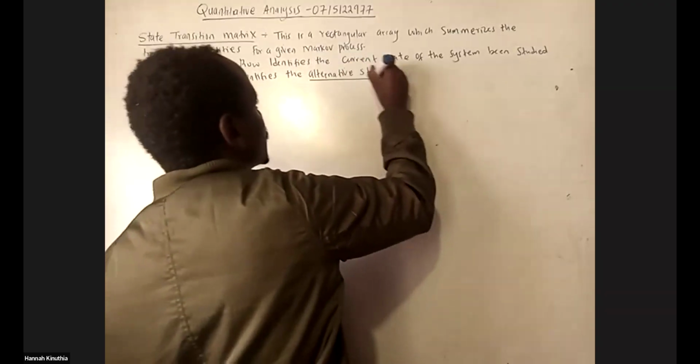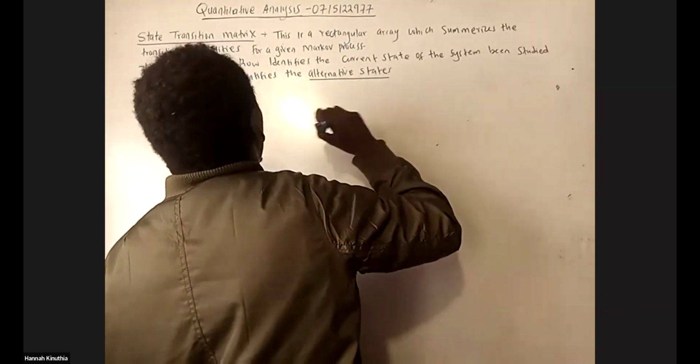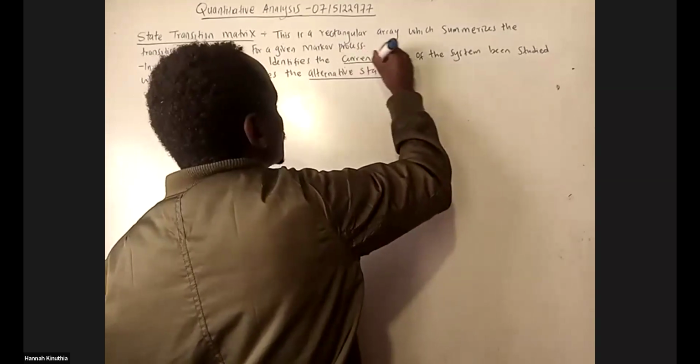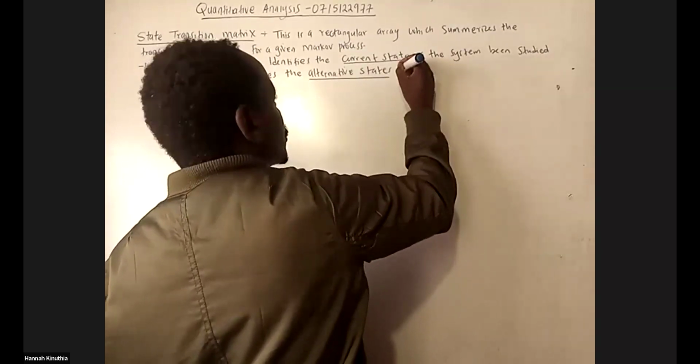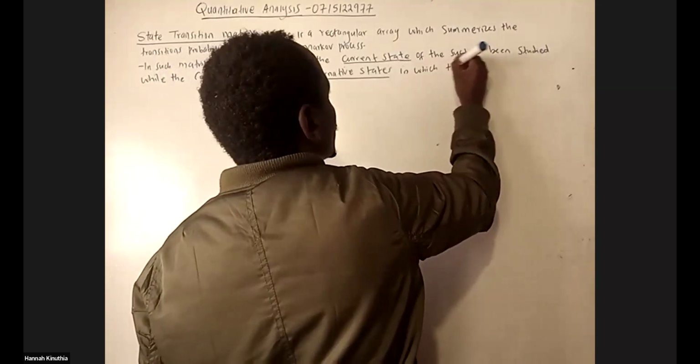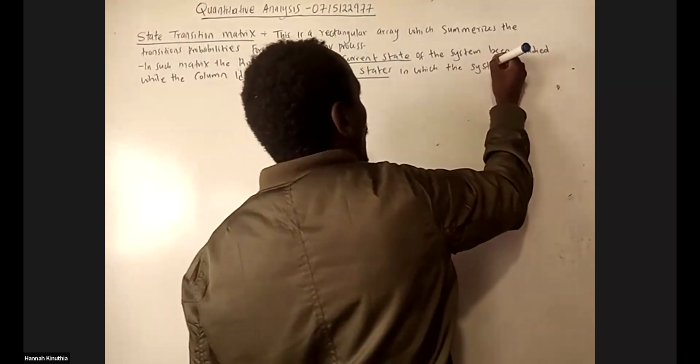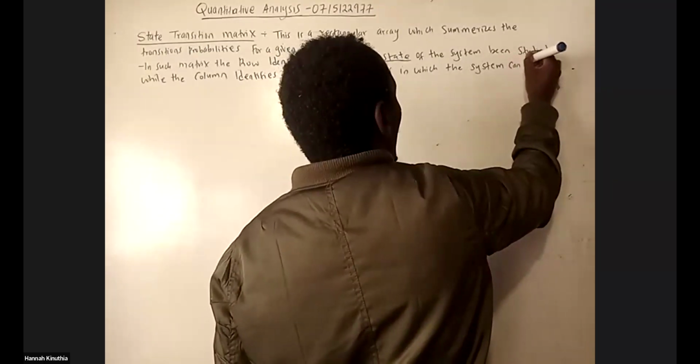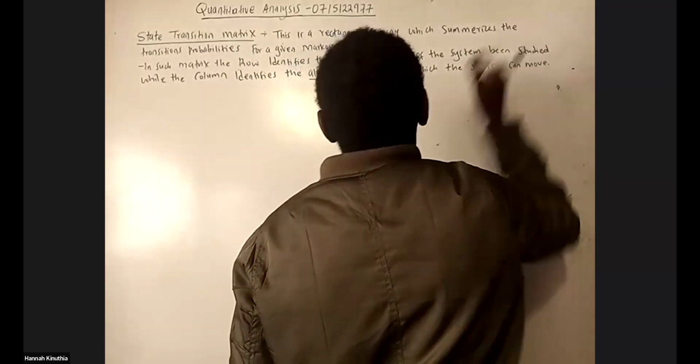So this one identifies the alternative state. This one identifies the current state in which the system can move.